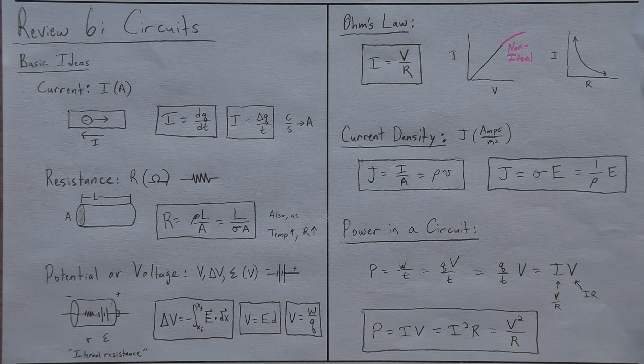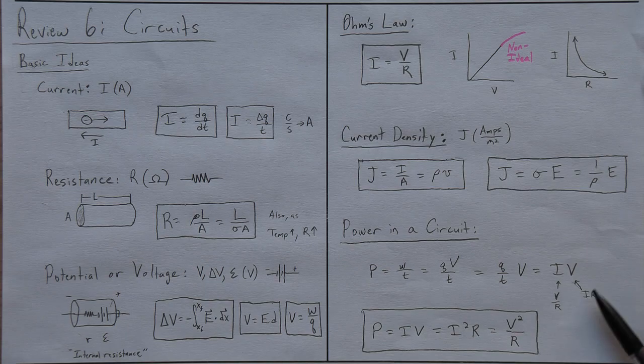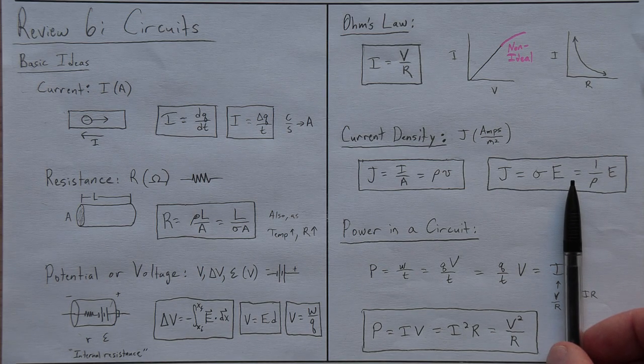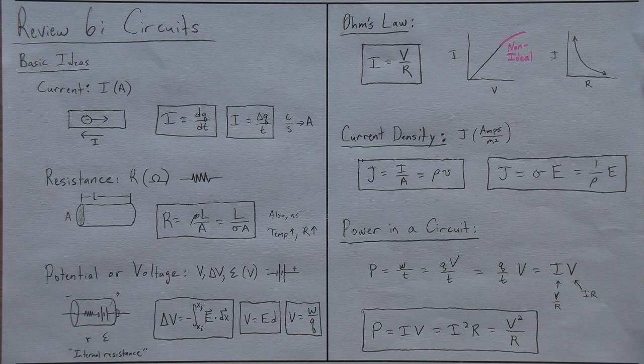They expect you to possibly do that. We could derive other forms by just replacing either I with V over R. So we have V over R times V, giving us V squared over R. Or V equals IR. All these are coming from Ohm's law, by the way. V equals IR, so I put IR in for V, and I get I times IR, or I squared R. So, different forms of power in a circuit. All right, let's move on.